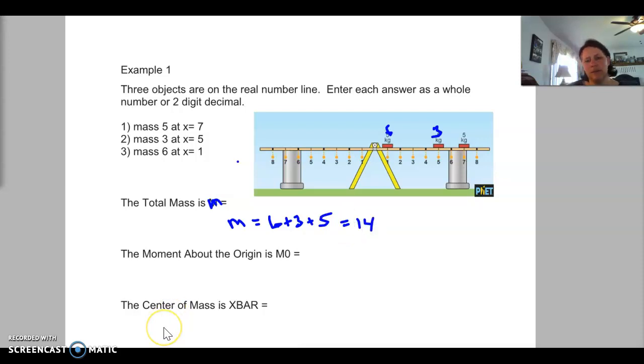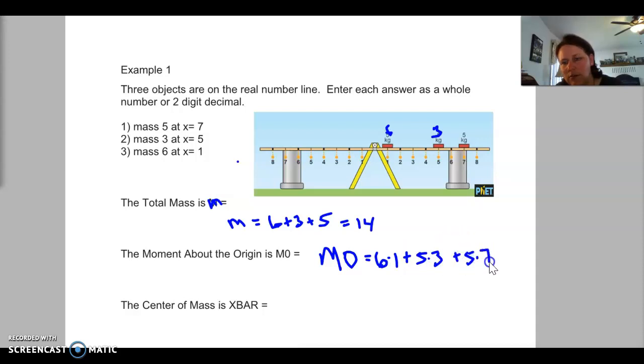The moment about the origin, so we have our moment, our capital M, and we are going to be going around the origin at this time. So it's going to be equal to 6 times 1 plus 3 times 5 plus 5 times 7. And that's going to be considered our moment.